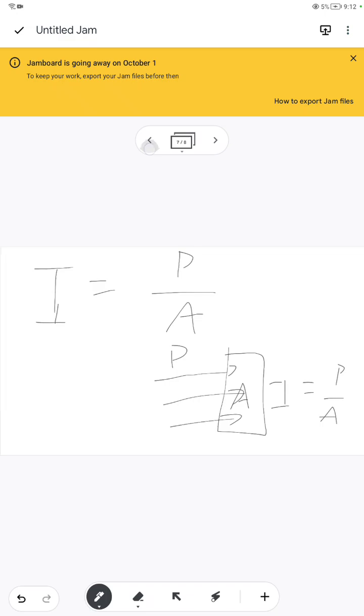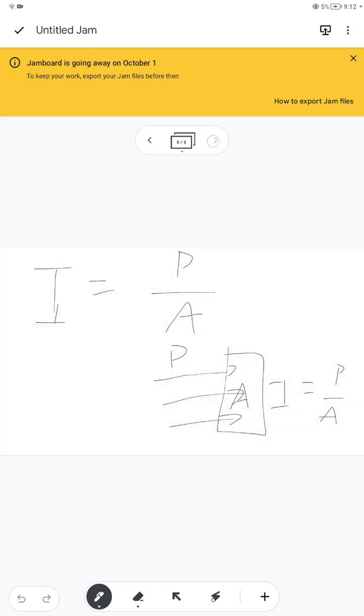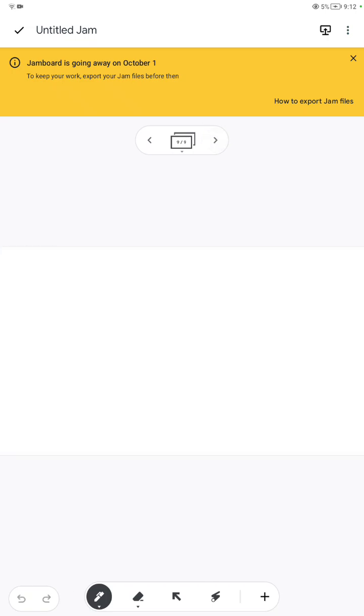So what's this P by 4 pi r squared? If you remember, 4 pi r squared is the surface area of a sphere, and that's what A is in this case. But why? I'm going to show you why. Let's say this is a power source emitting, and we want to find the intensity at a point at a distance r from it. Let's say this is our sun, emitting heat.